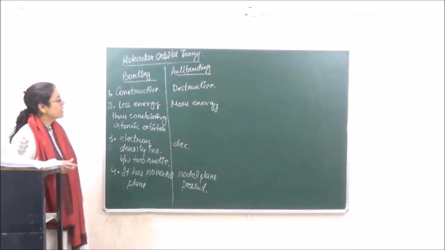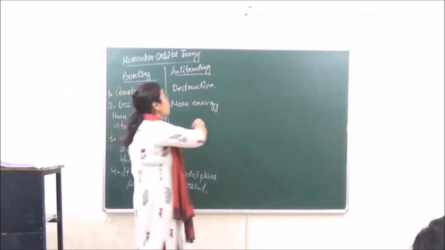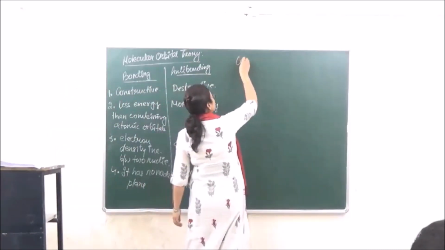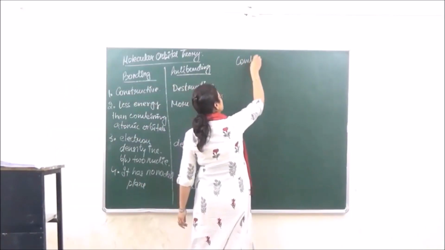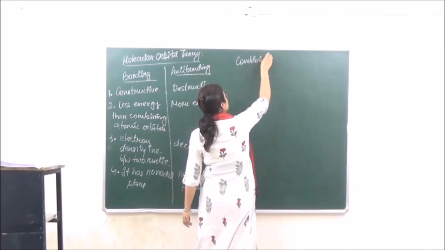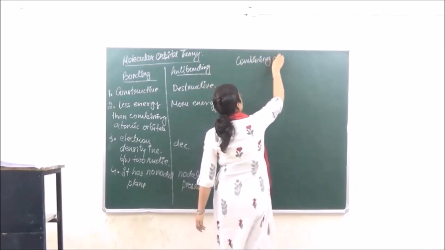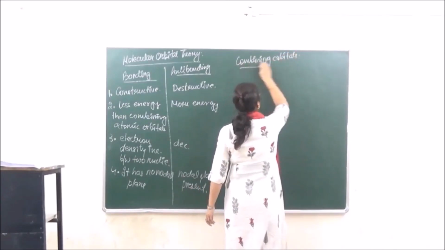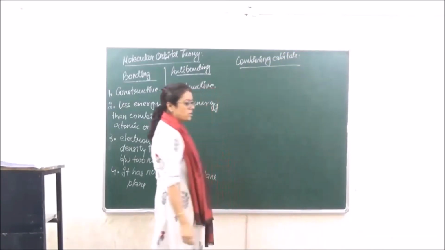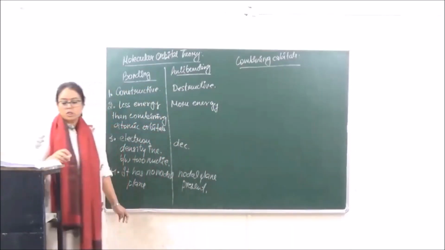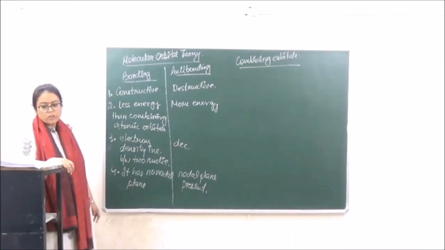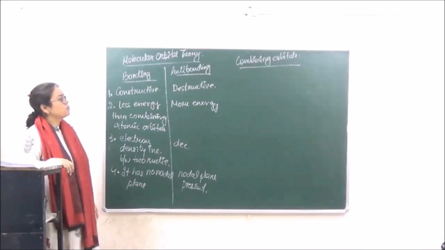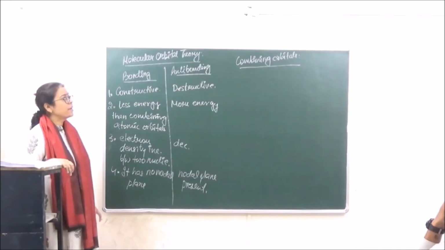Now when we are looking at combination of the atomic orbitals, there are certain rules or factors, you can say, to combine the atomic orbitals into molecular orbitals. What are these factors which are required for the combination of atomic orbitals through LCAO method?